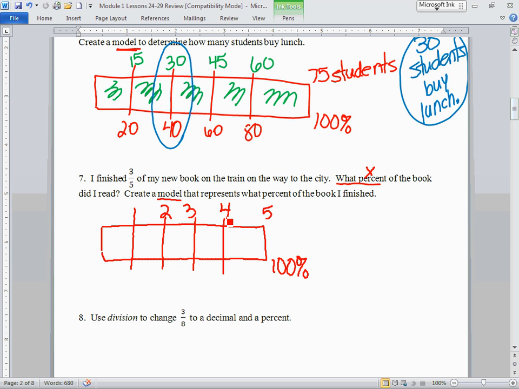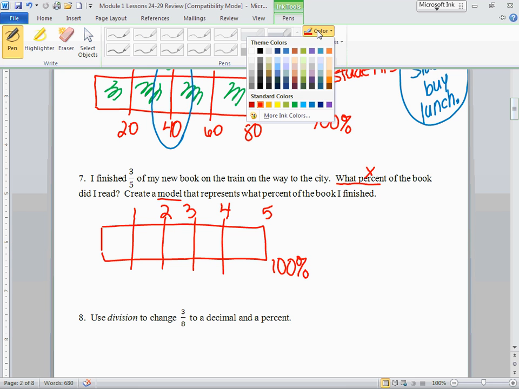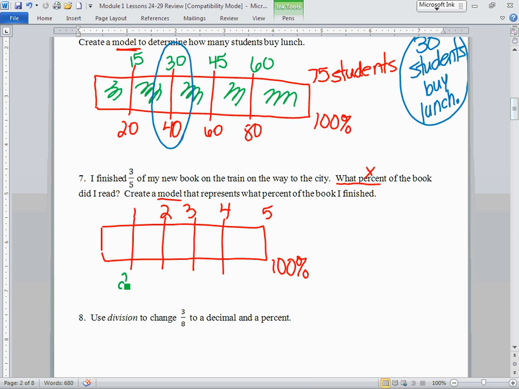So if I divided my top number line into 5 sections, I have to do the same for the bottom. So what's 100 broken into 5 sections? 20. So now let's label that, breaking it up into 20s. So now 3/5.